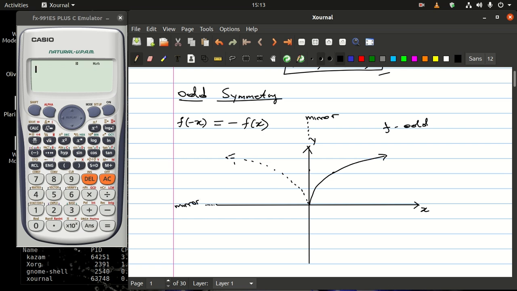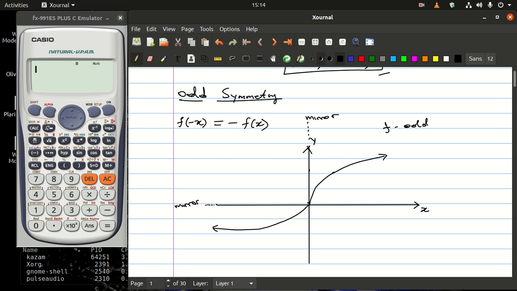So if I were to stand here and look at this curve, what would the mirror image of this piece look like in this mirror? If you stand here, in the mirror, this would look something like this. Of course, my image is not drawn to scale, but I'm trying to illustrate that for odd symmetry, I have two mirrors.